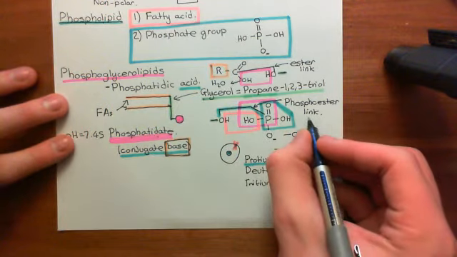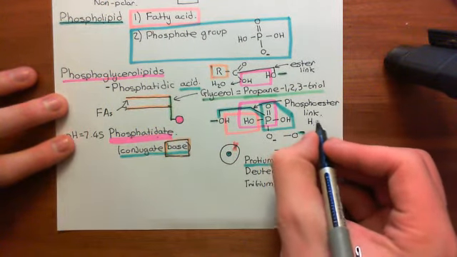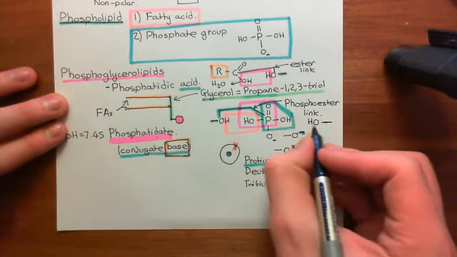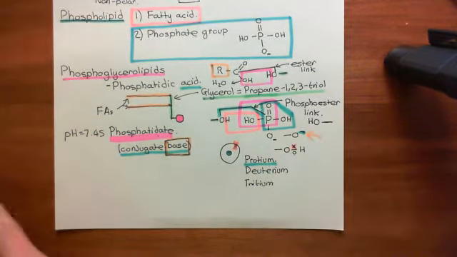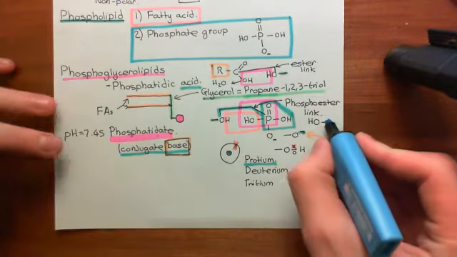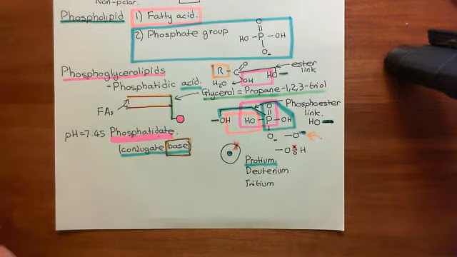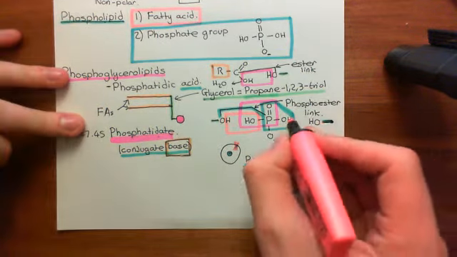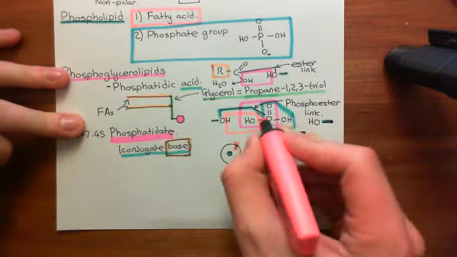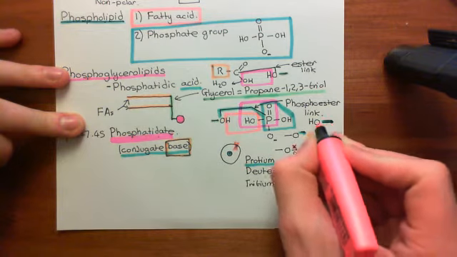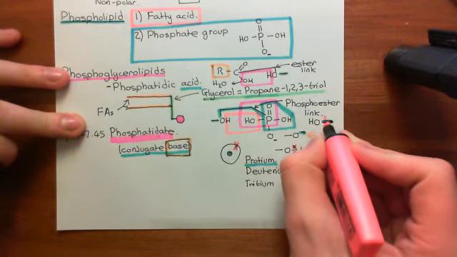And we know that these things can interact with alcohol groups on other molecules. So if we were to bring in some other molecule which has an alcohol group on it, then what can happen is this carboxylic acid-like group here can form a phosphoester link with this alcohol group containing molecule.